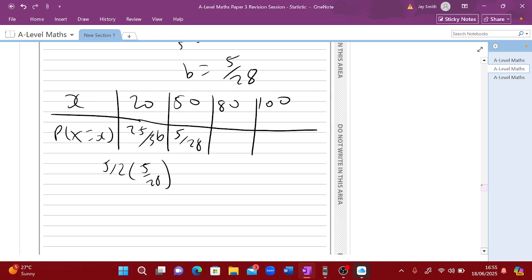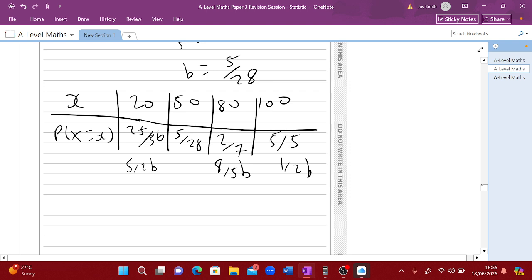And so C, remember, was 8 over 5b. So 8 over 5 times by 5 over 28 will get us 2/7. And then for 100, it's a half of b, so half of 5 over 28, and so we get 5 over 56. Okay, and that should be the complete probability model.